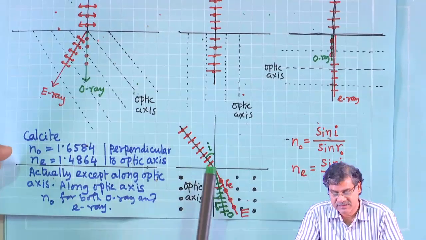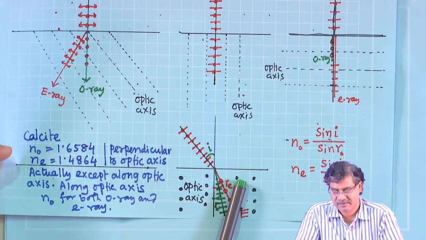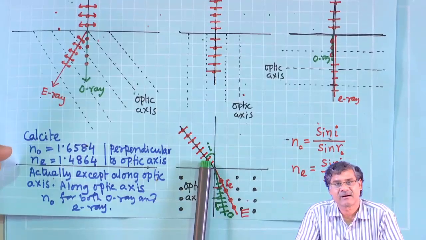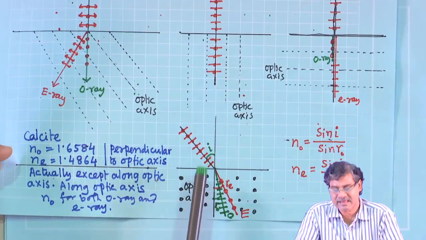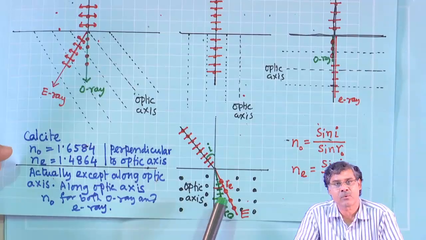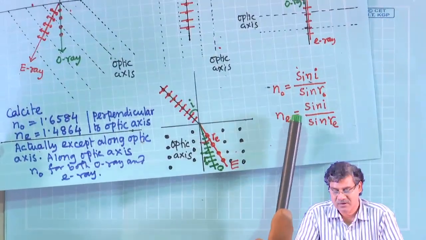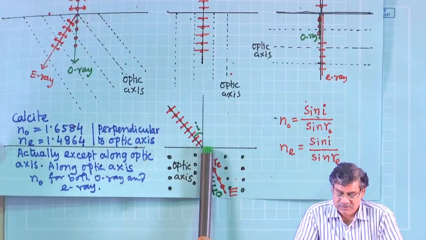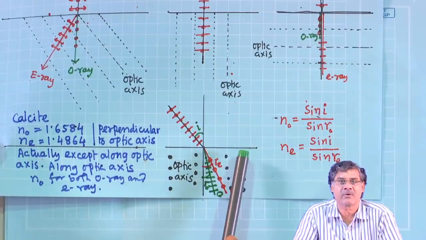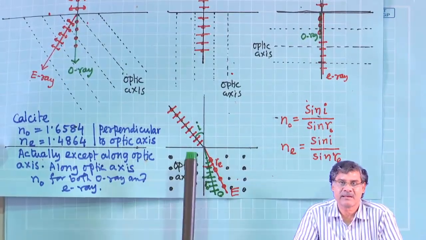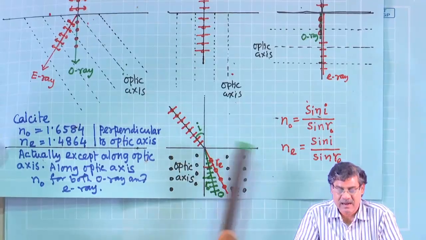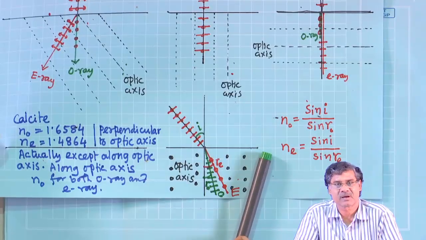Okay. For this calcite crystal, by measuring the incident angle and the refracted angle for the O ray and E ray, and following Snell's law, we can calculate the refractive index. So whether Snell's law is followed or not depends on the cut of the crystal. Okay.